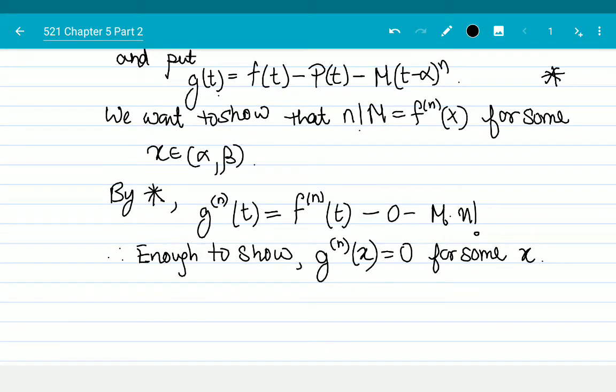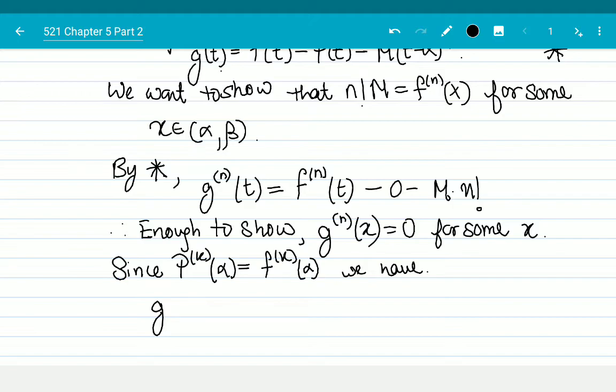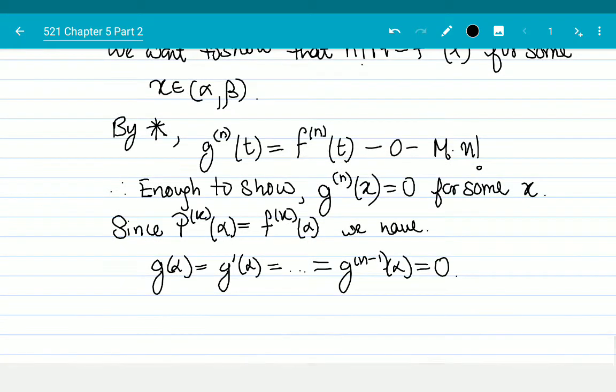Now, what do we know? Since P^(k)(alpha) is equal to f^(k)(alpha), we have g(alpha) equal to g'(alpha) equal to g''(alpha) equal to ... equal to g^(n-1)(alpha) equal to 0. So g(alpha) is equal to 0 and g(beta) is equal to 0.